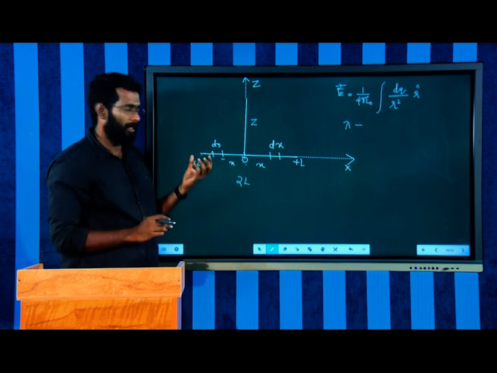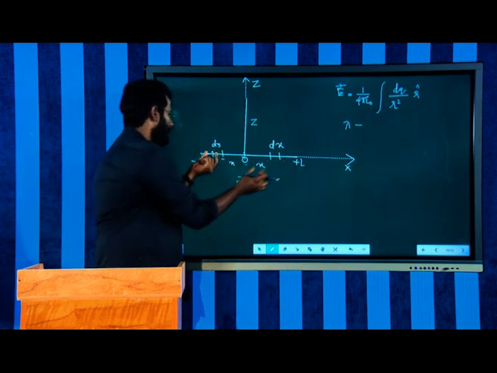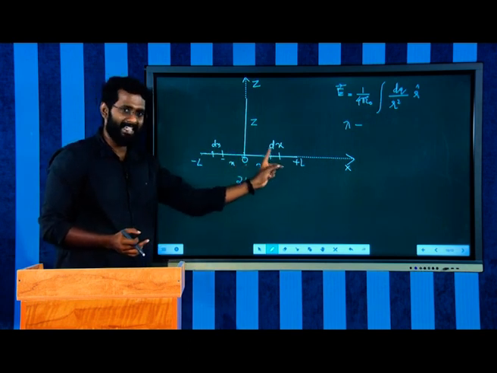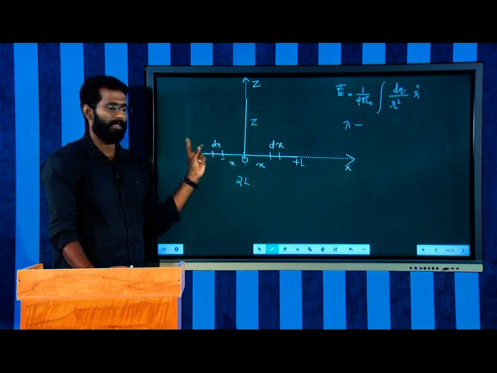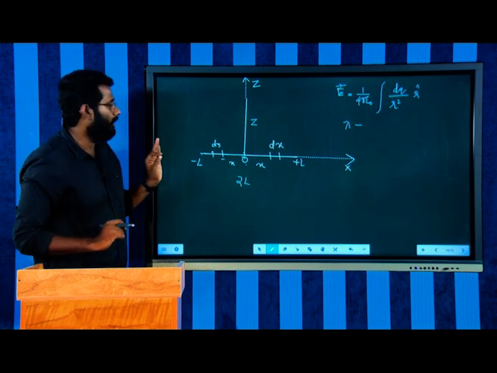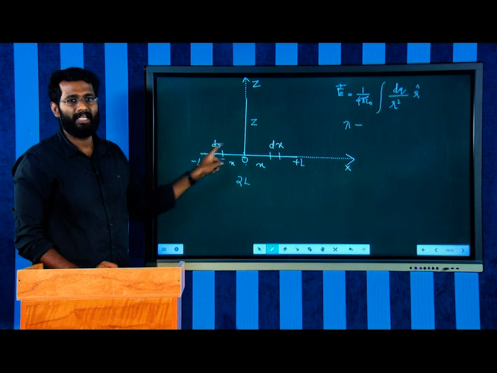Whenever you consider a dx here, simultaneously you can consider another dx here. It has an advantage when we are integrating. Now, we are calculating the field due to these two dx's.